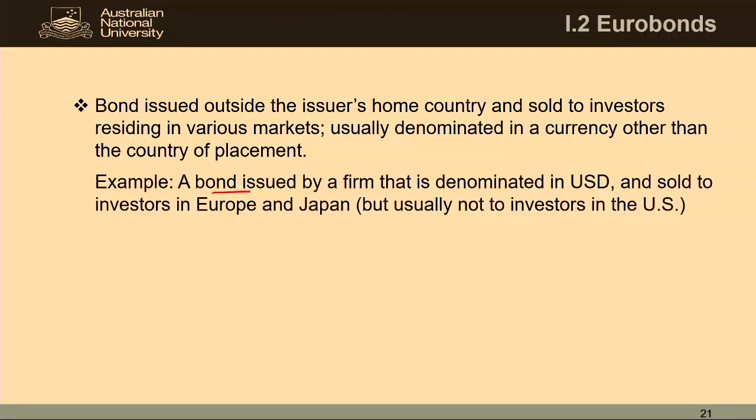It is a bond that is issued by a firm, and it's denominated in the US dollar, sold to investors in Europe and Japan. So notice, neither Europe nor Japan have the US dollar as their currency, they both have different currencies from the US dollar. And Eurobonds are usually not sold to investors in the US.